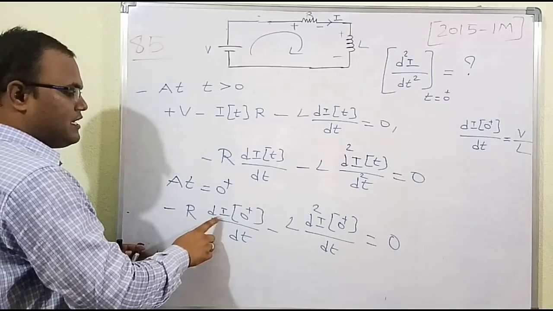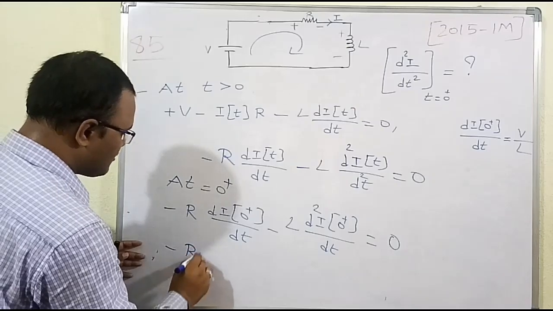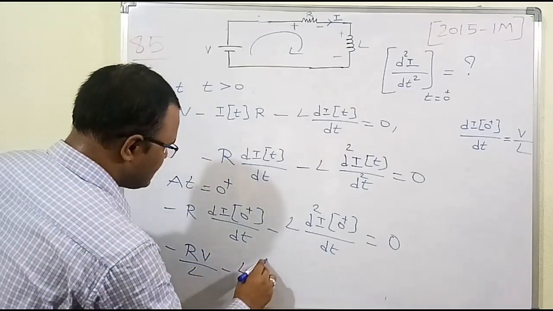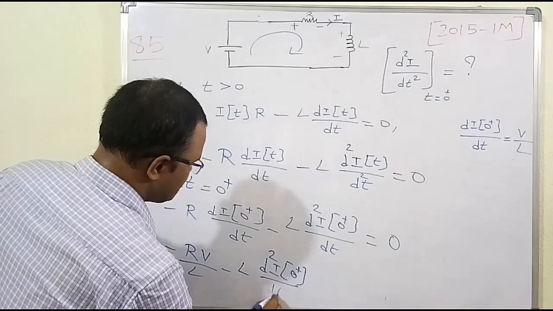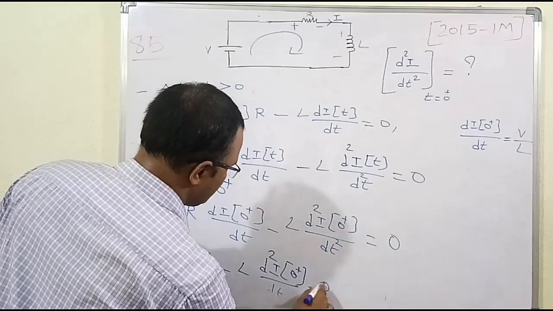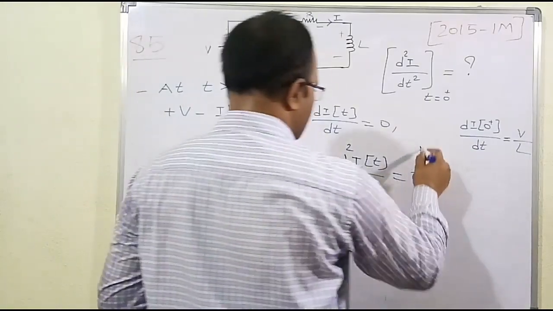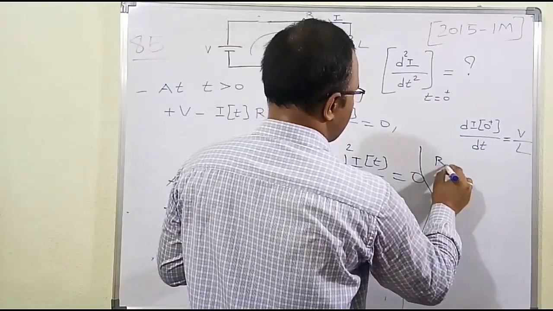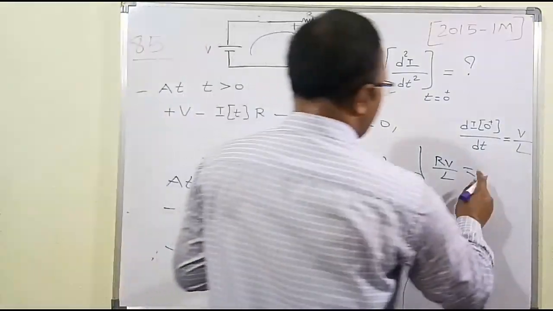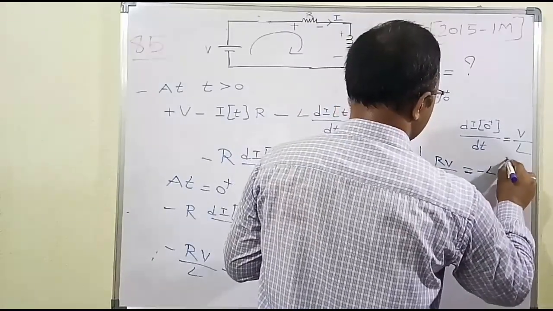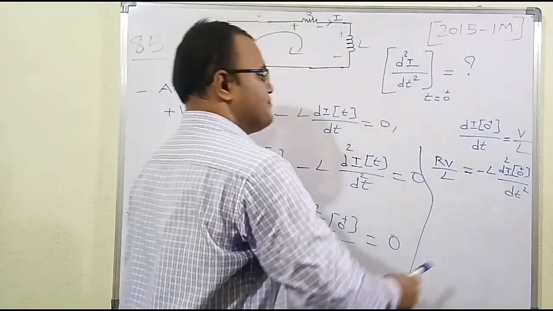As di of 0 plus by dt is already known, which is V by L, therefore minus R V by L minus L d square I of 0 plus by dt square is equal to 0. Now we need to find d square I by dt square. So RV by L is equal to minus L d square I of 0 plus by dt square. We need only d square I, right?